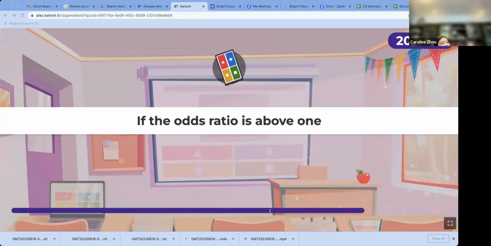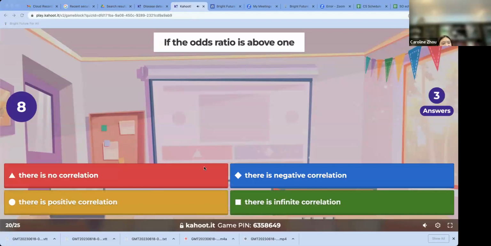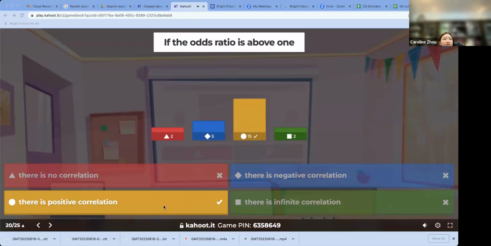If the odds ratio is above 1. Yeah, then there's a positive correlation, which means that the exposure causes the condition.